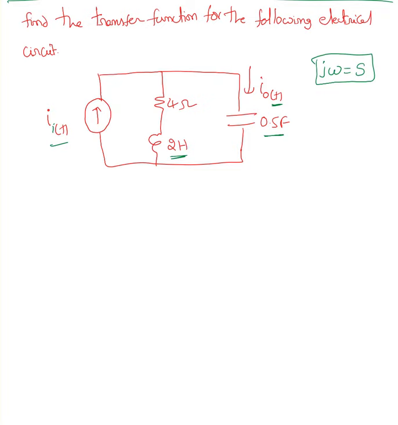Now, I'm going to convert the given circuit into a frequency domain. So to convert to frequency domain, I'm going to say this as I of j omega, or I can say I of S. For consistency, I'm going to use S instead of j omega. 2 j omega is nothing but 2s, and this is 1 over j omega c, so this is 1 over j omega, which is s, times 1 over 0.5.